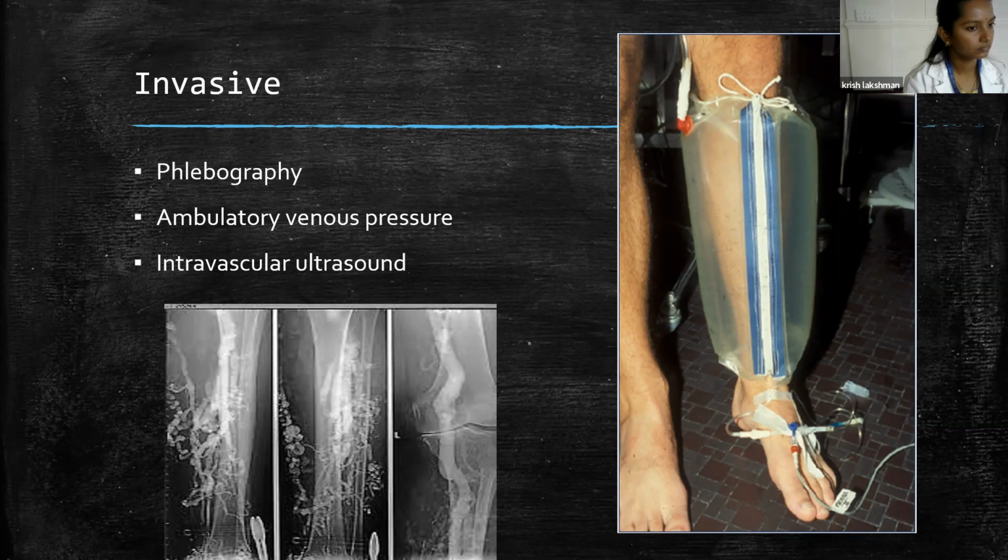But if it is grade 4, that means the valve is not working at all and most of the blood is going down, then the patient will definitely be symptomatic or going to worsen very fast, and the person will be having the grade of 1 or 2.